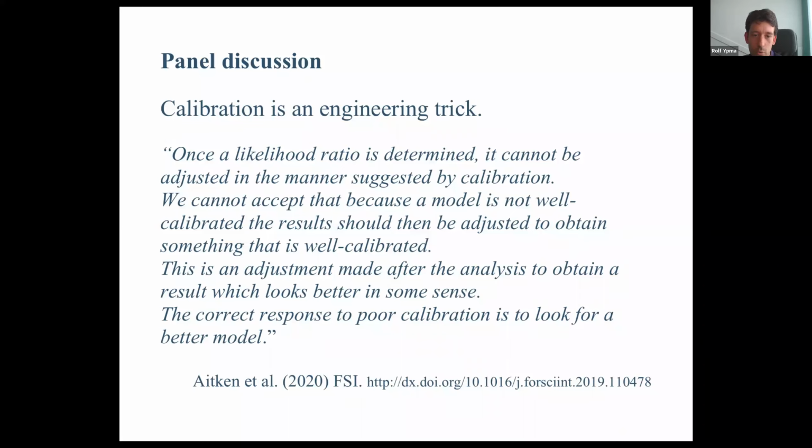You can read some of the quotes we've seen in the literature, but the general disagreement people have with this kind of machinery is they say, well, you should measure calibration, but then if your calibration isn't good, you shouldn't do some trick and try to improve it. You should just go back and build a better model. I don't think anyone will agree, but who would like to take the floor on that?